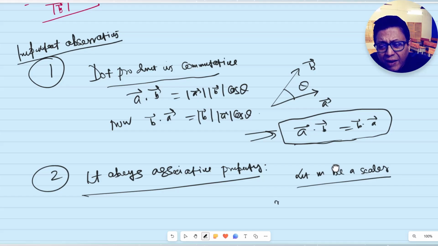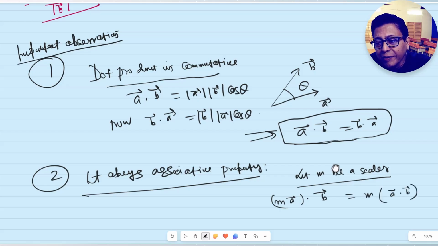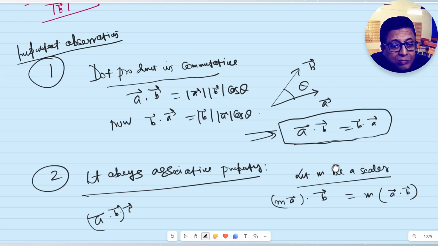Then M A dot B can be written as M into A dot B. You can ask me a question, why not A dot B dot C equal to A dot B dot C? No, it will not be valid.